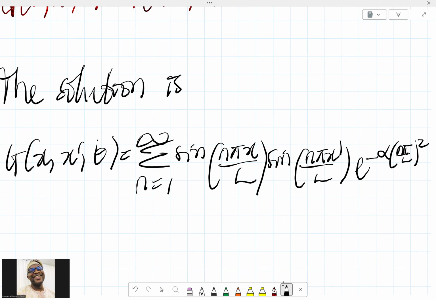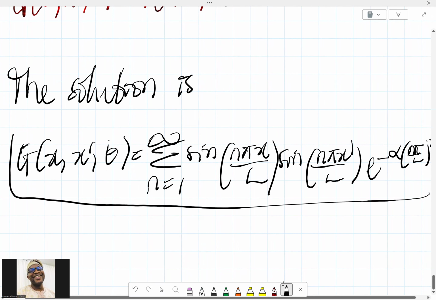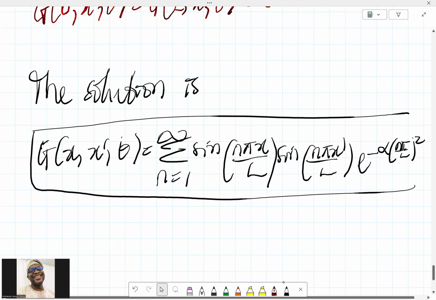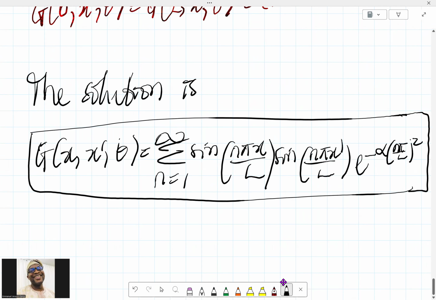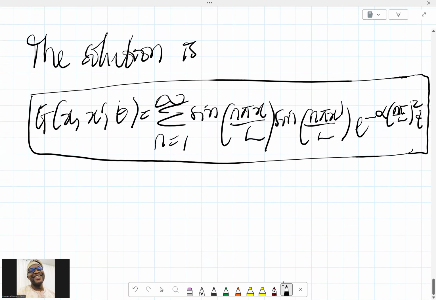Okay, so that's what we have in that case. Of course, I've skipped several steps, but if you're interested, you may want to investigate this further. Okay, but it pretty much looks like the kind of results we got using other methods.